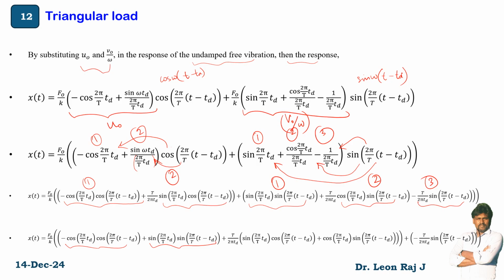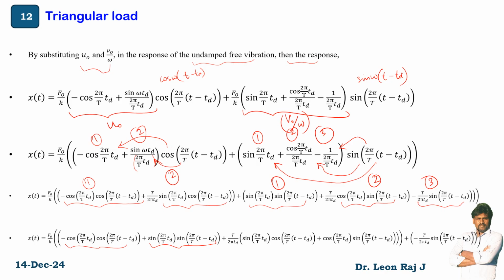Then further, T by 2 pi td in this, sin 2 pi divided by T into td, cos into 2 pi divided by T into t minus td, plus cos into 2 pi divided by T into td, into sin into 2 pi divided by T into t minus td.